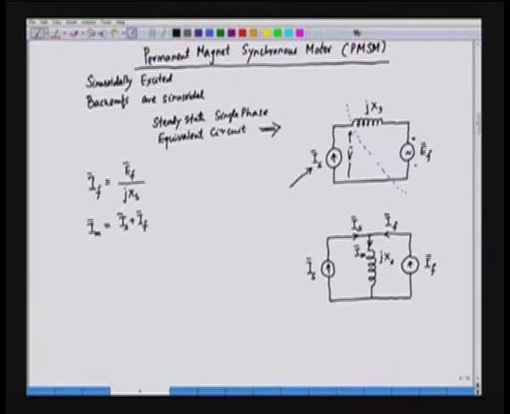In the phasor diagram, what we have is the field, this is the field is in the d axis, and this is the current If, and the induced EMF will be right angle to the d axis.